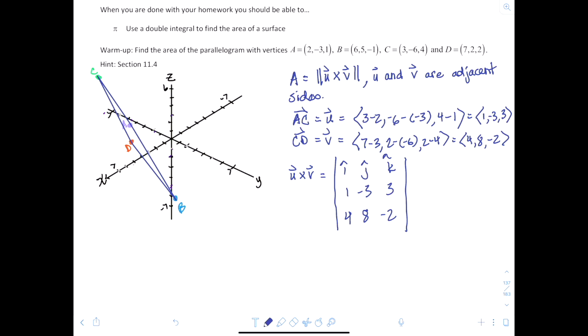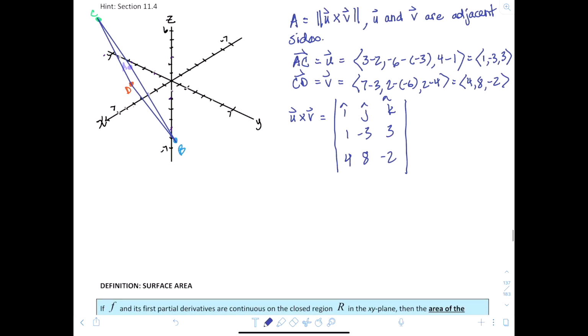I'll just expand about i, j, and k, so plus, minus, plus.